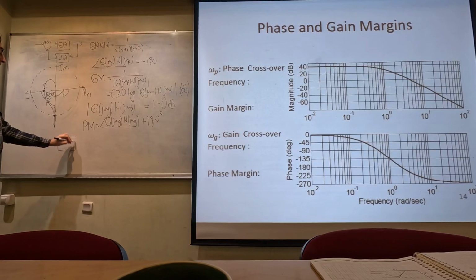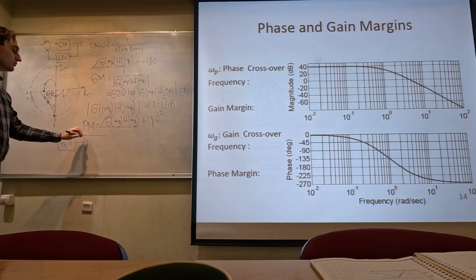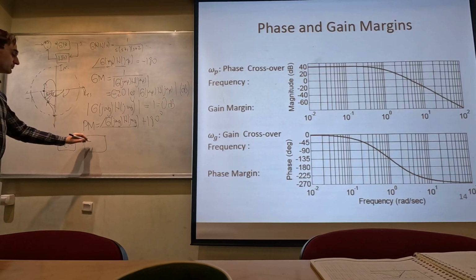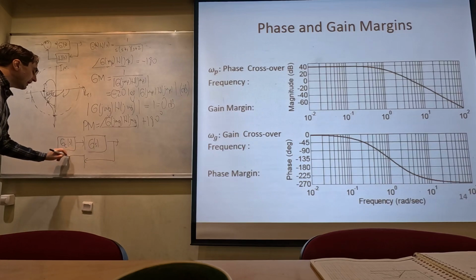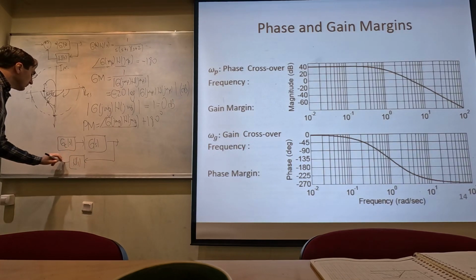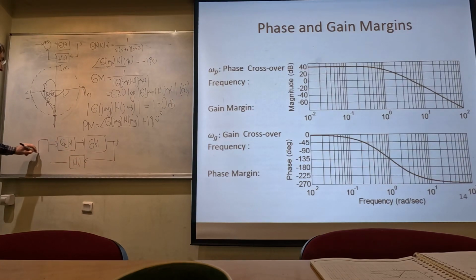In that case, I will combine the controller transfer function with the actual system transfer function, G(s), and H(s) here. And I will put here also an additional gain. In general, this controller will not include any gain, but the gain is going to be separated from it.